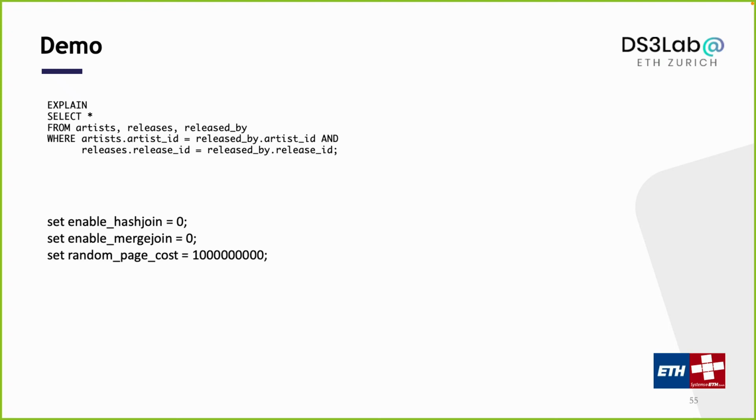Because your random page access is so expensive, random probing of the B plus tree is very expensive. So in this case, I'd rather do sequential scan for my nested loop join. When you go back home, if you do this, I'm almost sure it's going to give you sequential scan nested loop join, because I just tried that two hours ago.